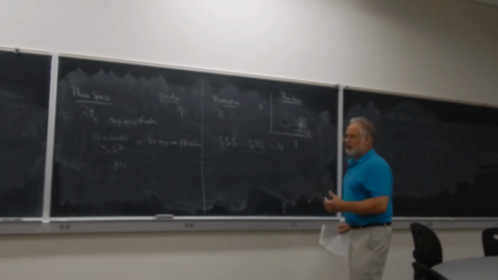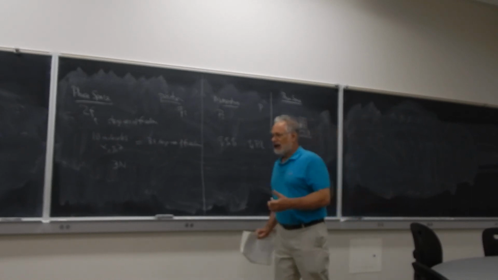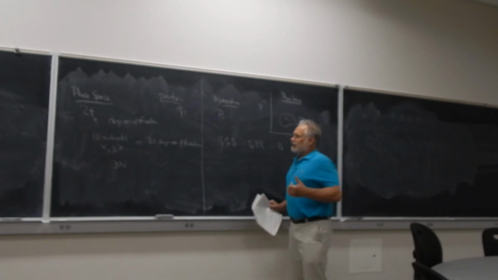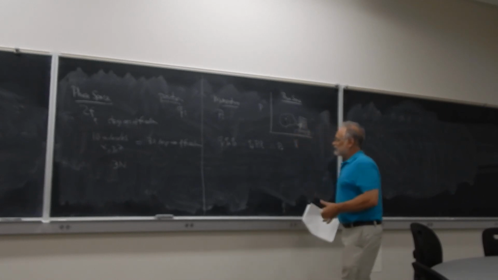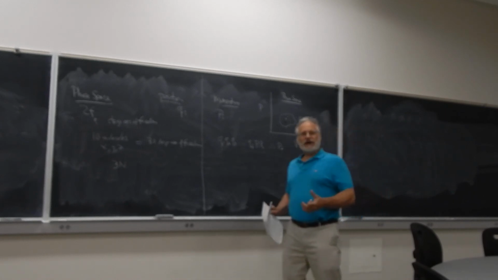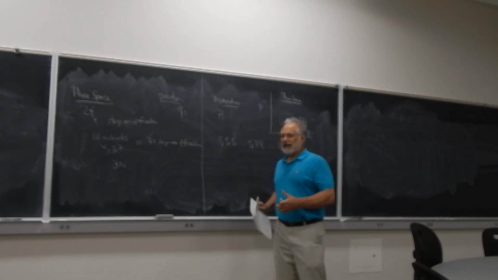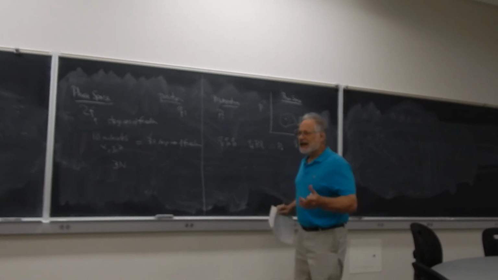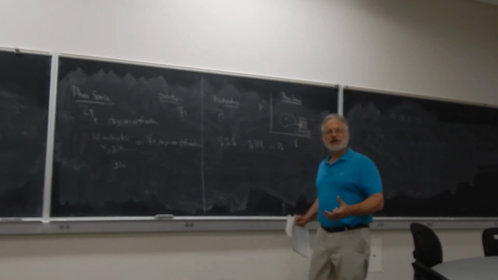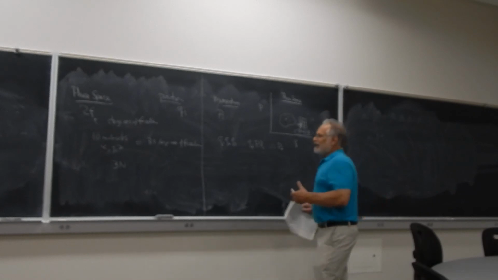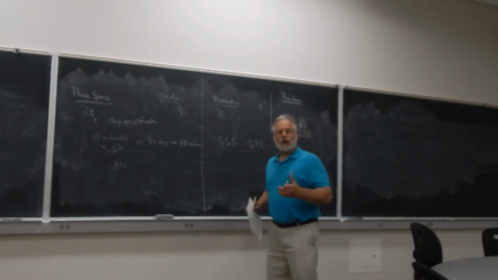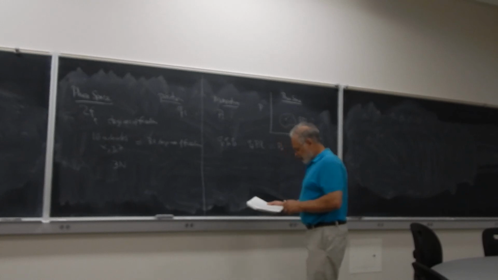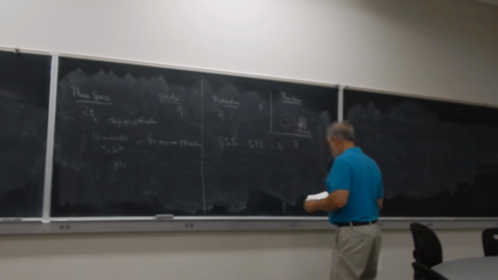One of the things that I want to point out very early on is that if we have this ensemble of systems, we're not so interested in what state a particular system is in, but we are very much interested in how many of those systems are in a particular state. It's not that we need to know one system from the next, but we do need to know how many. And that's going to be important to us as we go along.